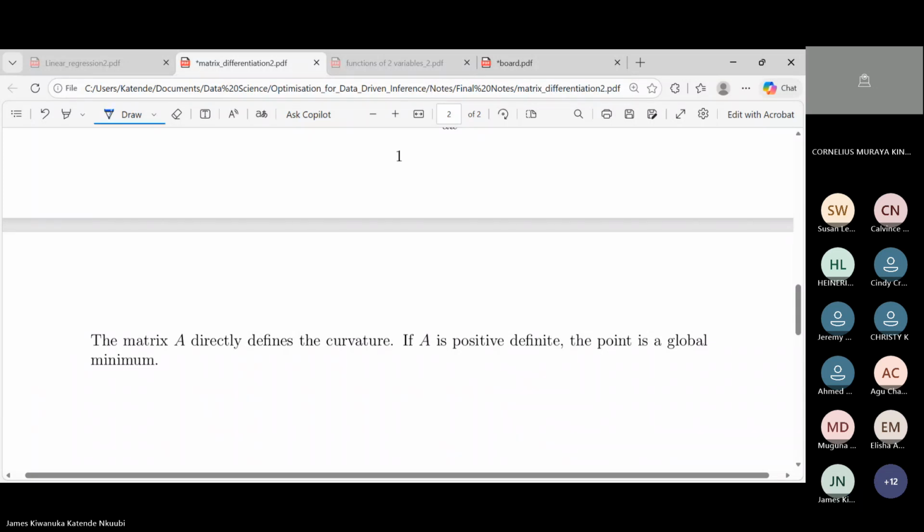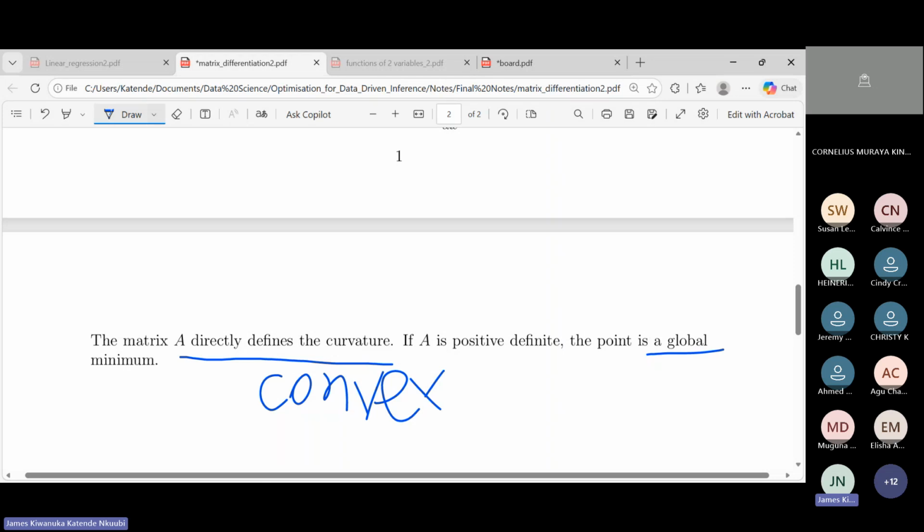This matrix has some interpretation. You can use it to define the curvature and determine whether your point is a global or local minimum or maximum as well. That will become clearer when we move to convex functions and convex optimization.